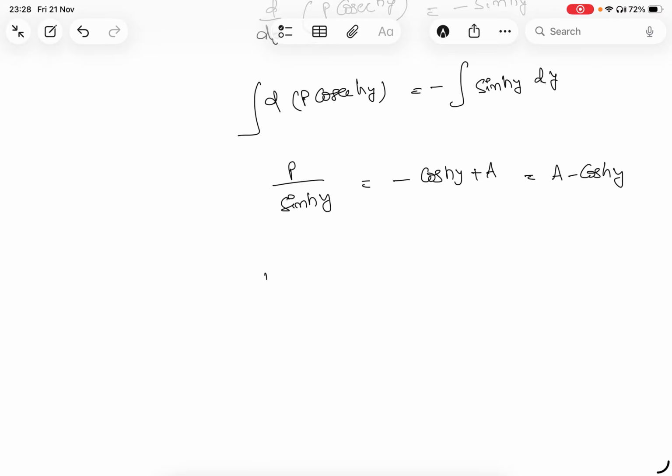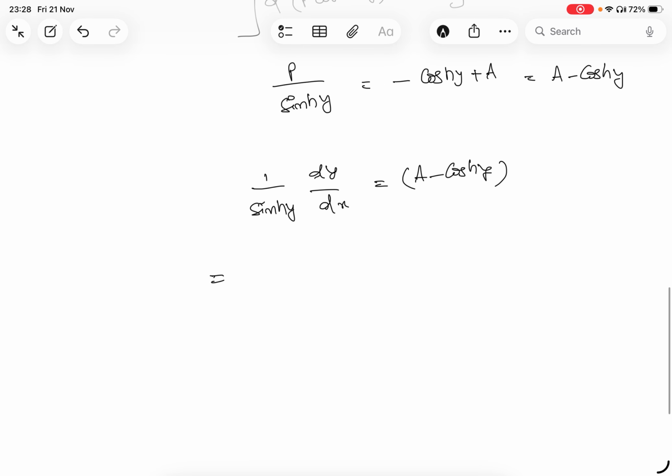Here it is 1/sinh y, p is dy/dx, and this is a minus cosh y. Now this will become dy/(sinh y (a minus cosh y)). Let's bring the term on the right hand side to the left hand side. This is equal to dx.